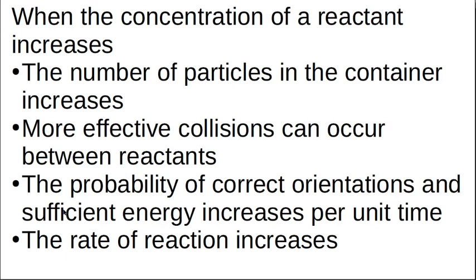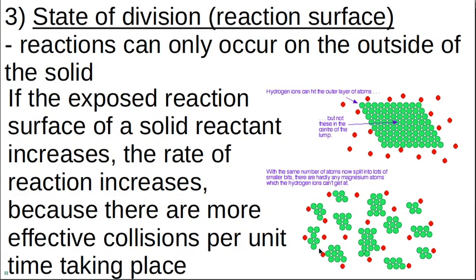These two here, you can usually get away with putting in: more effective collisions can occur between reactants per unit time, because remember it is rate of reaction, so per unit time, and the more effective collisions must go together. So you make a statement: there's an increased number of particles in the container, more effective collisions can occur per unit time, the rate of reaction increases. So I hope you follow this.